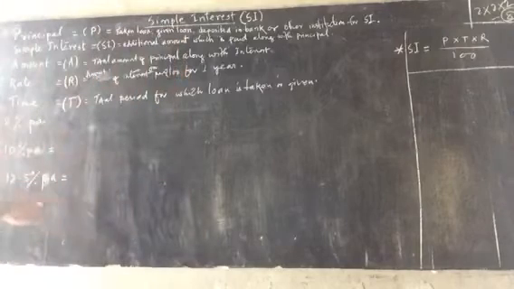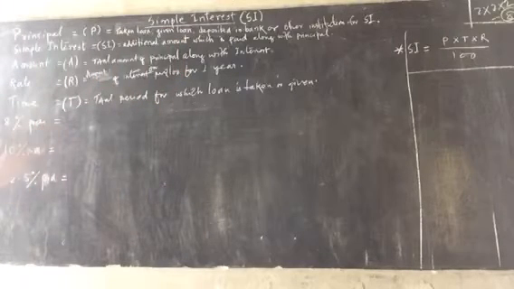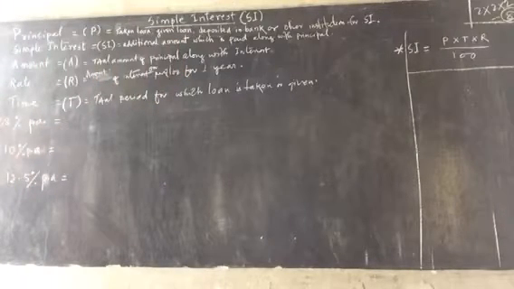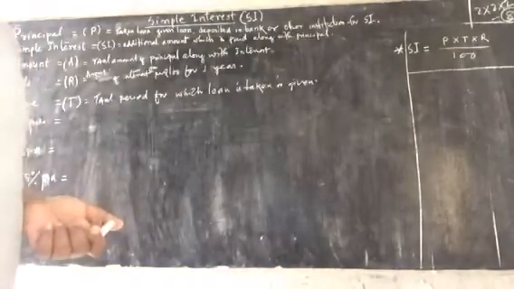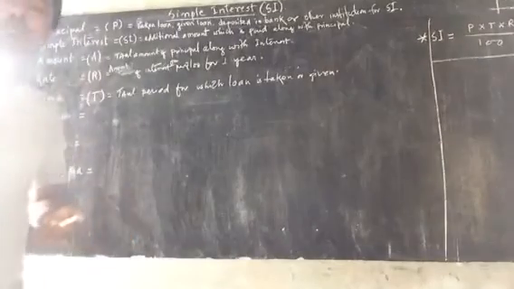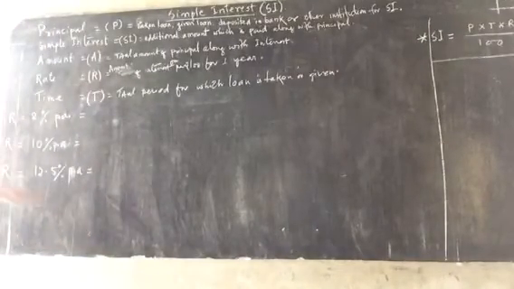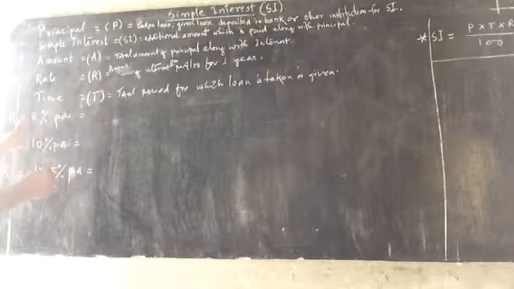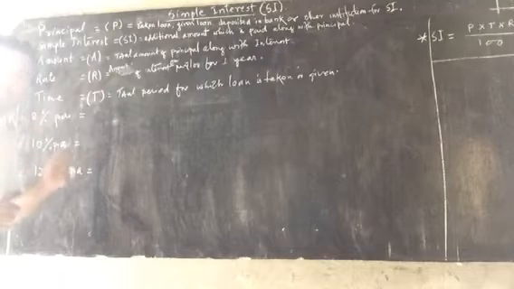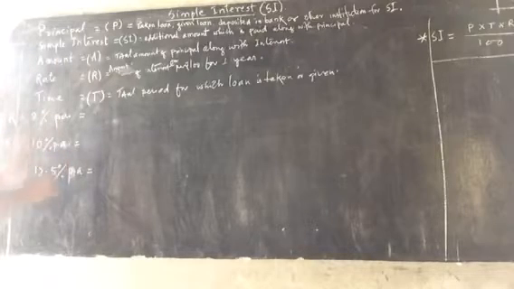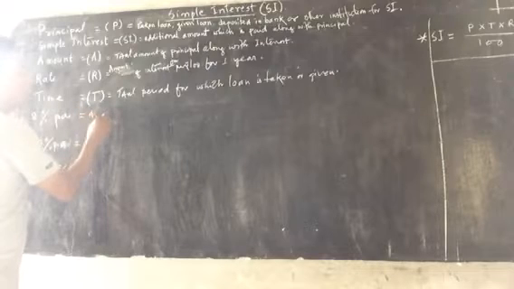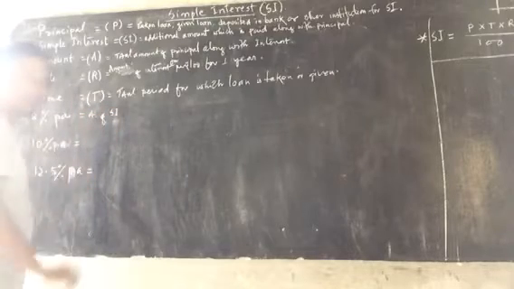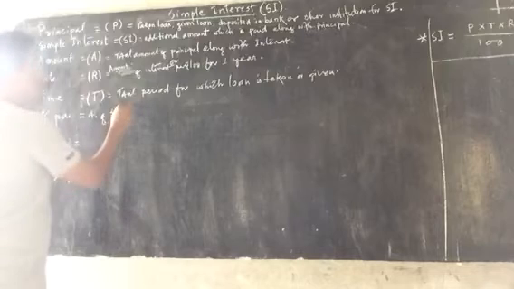Here I just want to elaborate the rate. Rate is a very important thing which we need to know, because unless you know the rate, you cannot calculate simple interest. Rate means, like, 8% per annum. What does it mean?